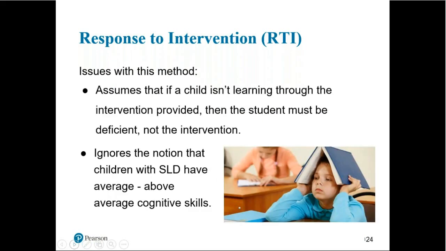There is confusion around the R, the response to intervention. So again, how do we measure their response? There were no rules or criteria set around how schools or practitioners might go about this. It also assumes that if a child isn't learning through the intervention provided, then the student must be deficient, not that the intervention is deficient.